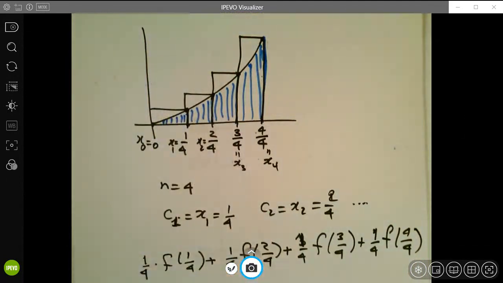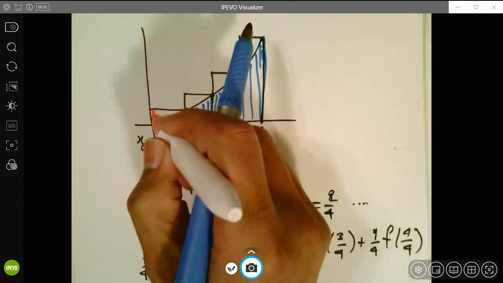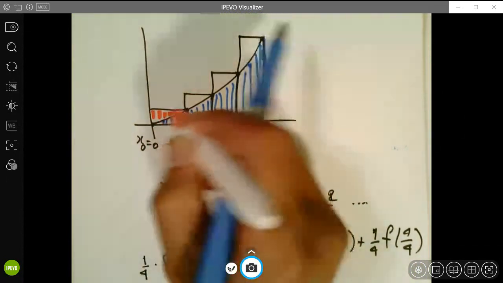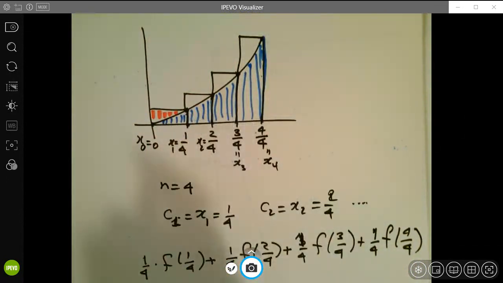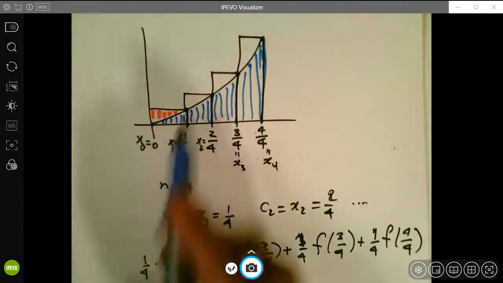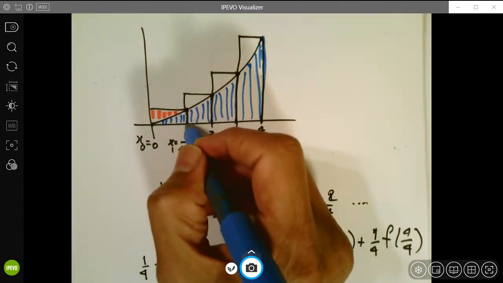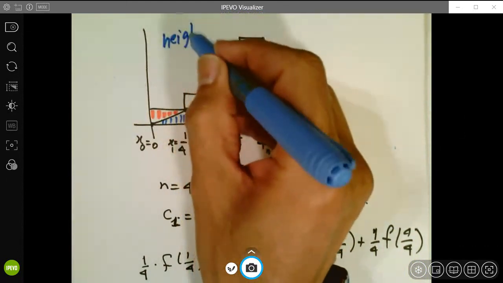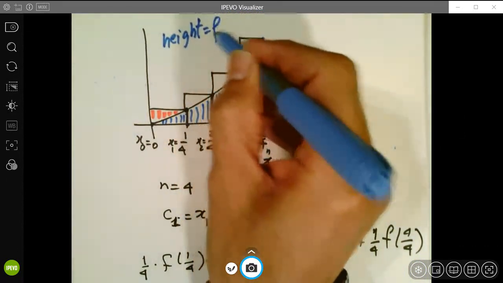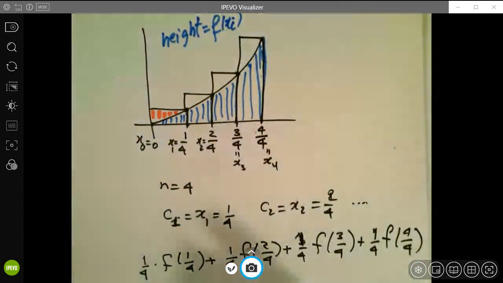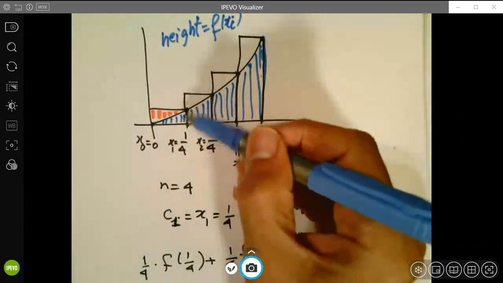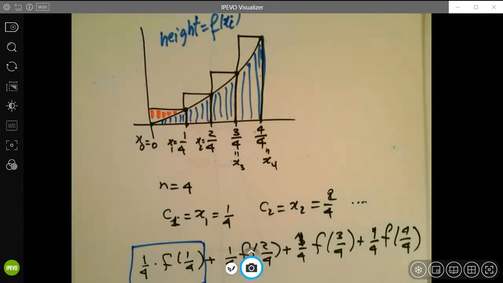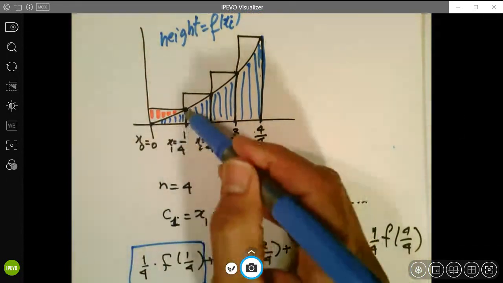See these rectangles, and here is the first one, with surface area 1/4 times the height, which is the function, okay? Like for instance, the height here is f of 1/4. So this is the first rectangle, 1/4 f(1/4).